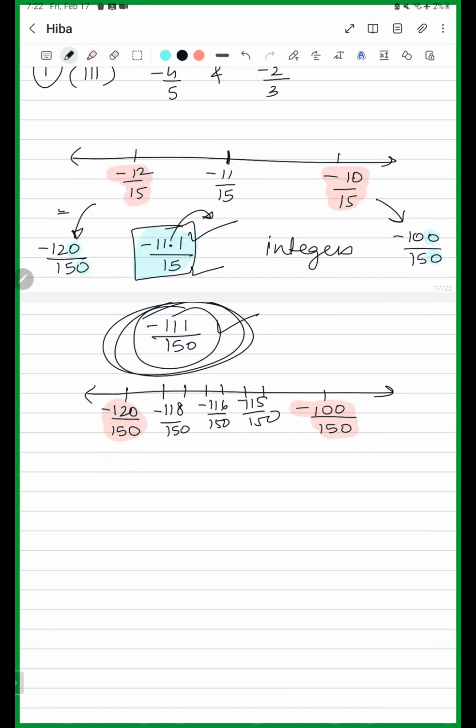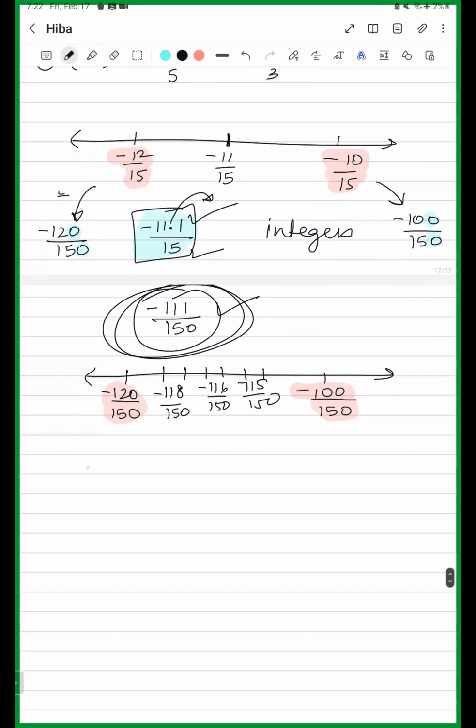20. 20. Sure? Yeah. Okay, if I write this as -1200 by 1500 and I write this as -1000 by 1500, then I can find so many.